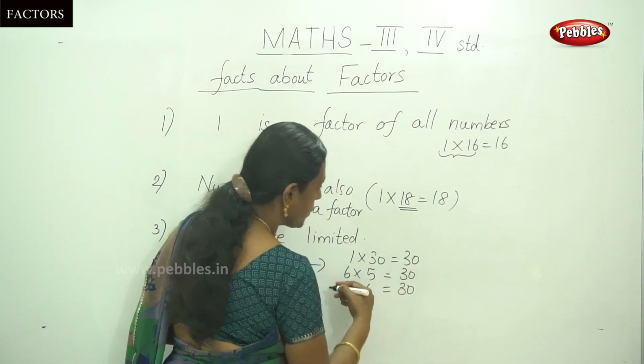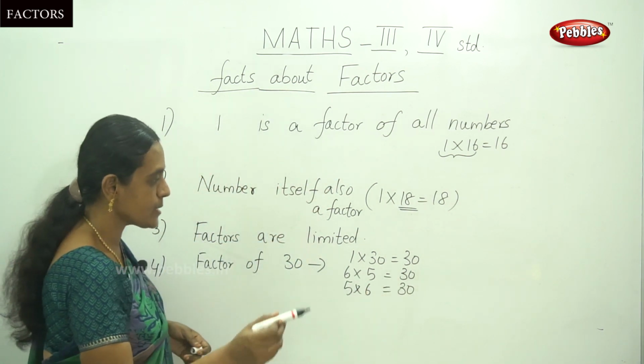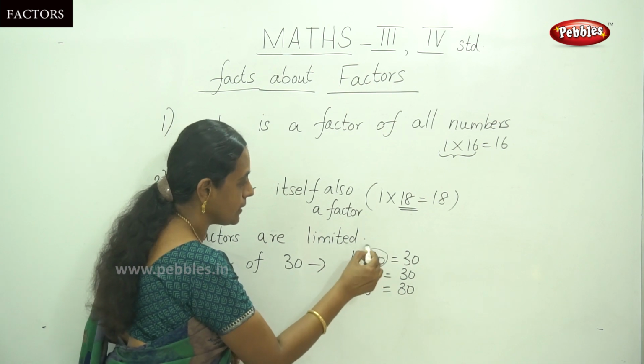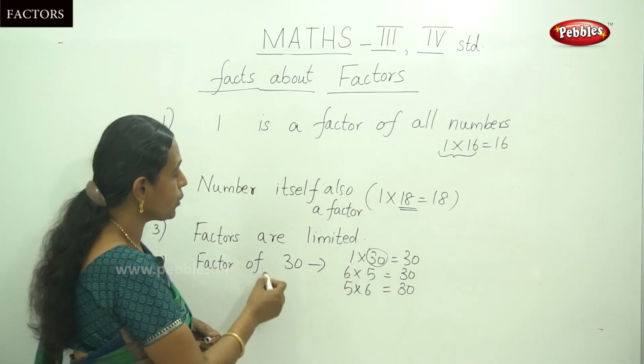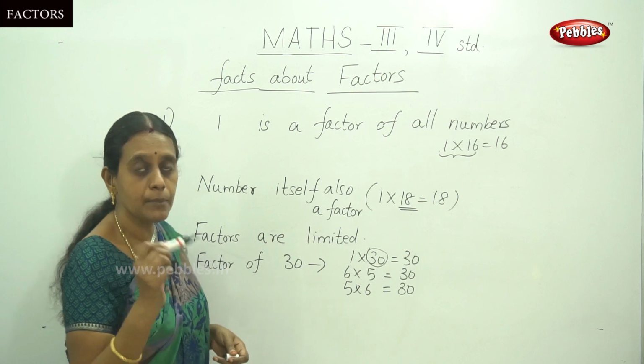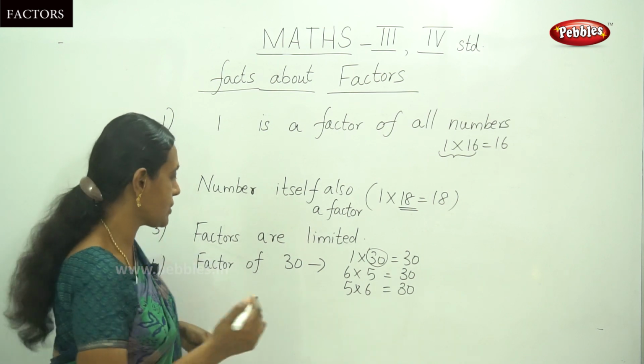It goes on, but here the greatest factor is 30. So for any number, the number itself is the greatest factor.